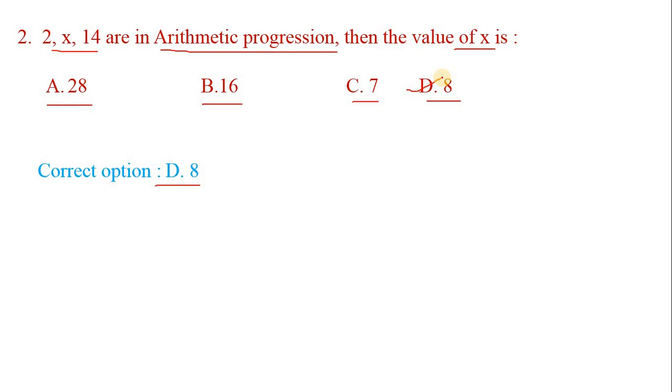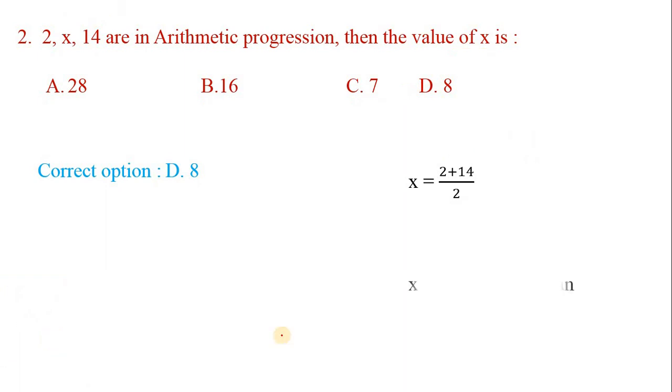This problem we can solve by using the arithmetic mean method. The arithmetic mean formula is (A + B)/2. Here A means 2 and B means 14, so we substitute them, and in the denominator 2 stays as it is.